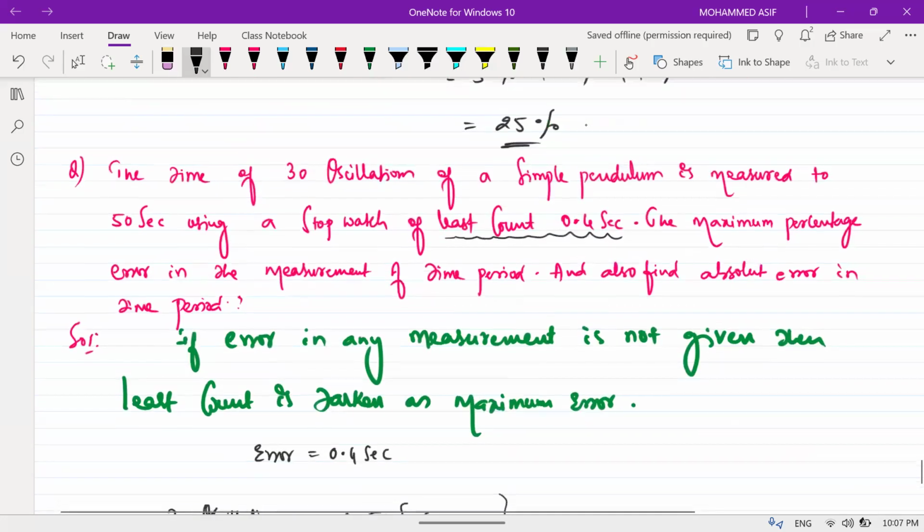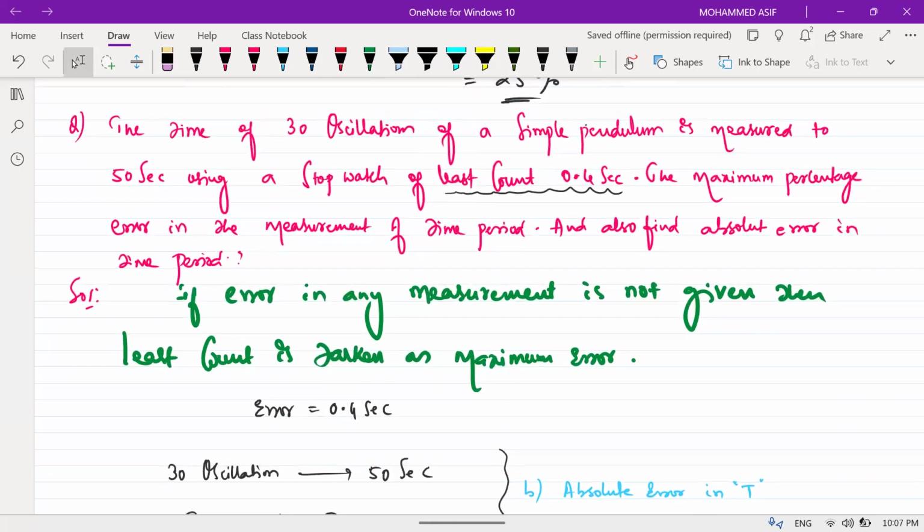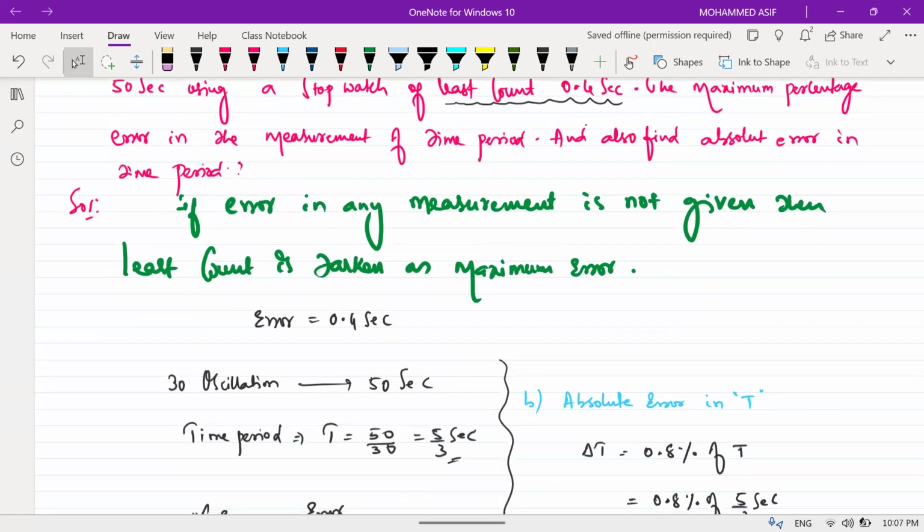Good question, beta. Questions like this generally come. The time period of 30 oscillations is measured in 50 seconds. So in 1 oscillation the time period will be 50 divided by 30, that is 5 by 3 seconds.